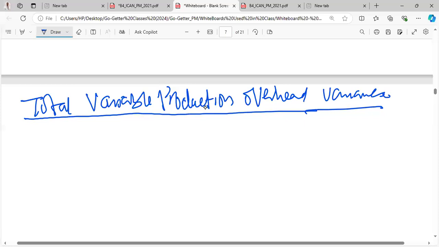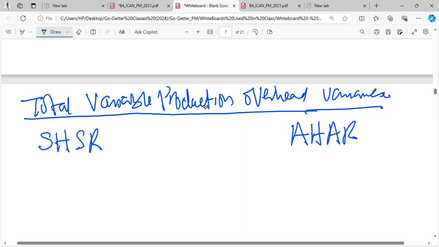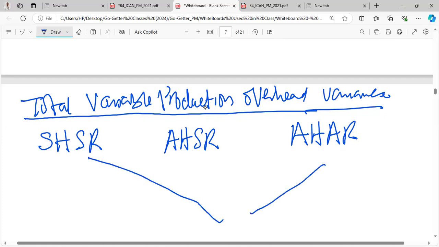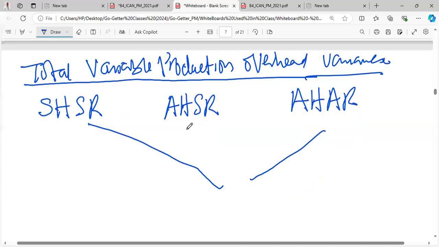So we have here standard hours, standard rate, actual hours, actual rate. We have actual hours, standard rate. That's what we had before, right? Then if we take these two, this is the total.